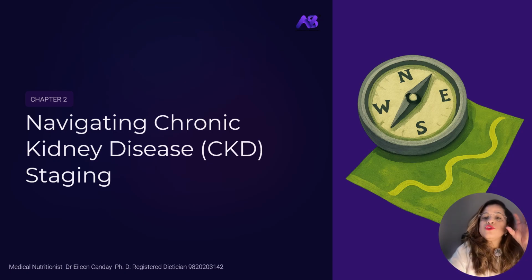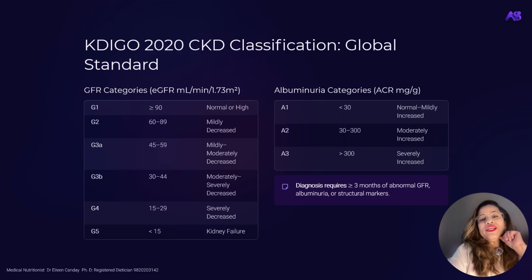Let's break it down into 5 stages, and see how they impact patient management. Understanding these stages is crucial for intervention and slowing disease progression. In 2020, the KDIGO classification became the global standard for CKD staging.